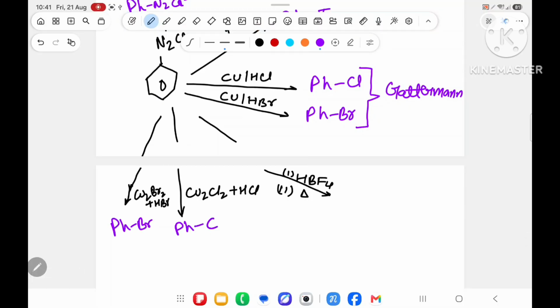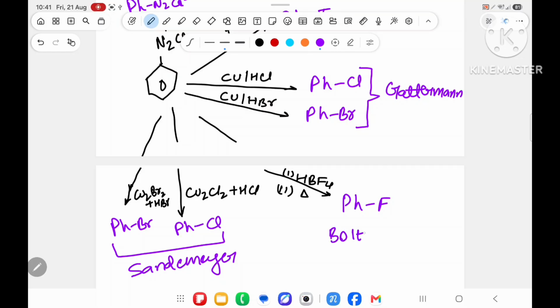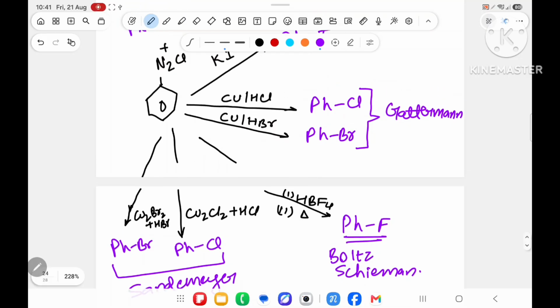Over here, PhCl will come. This named reaction is Sandmeyer reaction. Over here, PhF will come, and the name of this reaction is Balz-Schiemann reaction. Understood, fluorobenzene can be formed by only two ways, one Schiemann reaction, one Balz reaction.